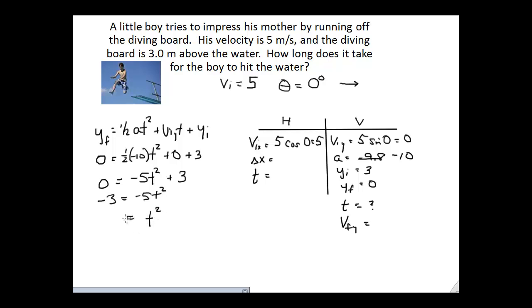So t squared is equal to 0.6, making t equal to 0.77 seconds. So the boy takes 0.77 seconds to hit the water from a diving board that is 3 meters high. Now you'll notice we didn't do anything over here. That's okay. We didn't need to, based on the particular question that was asked.